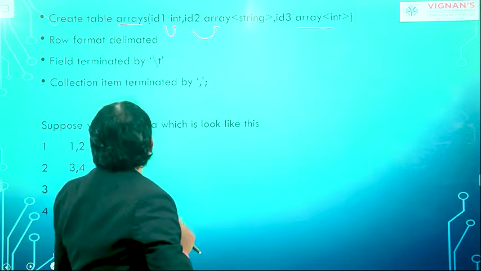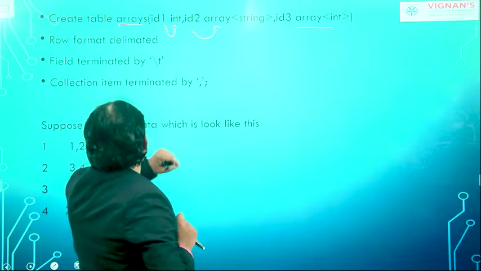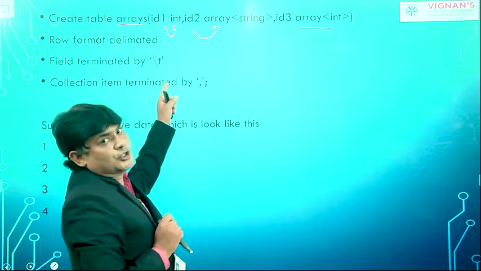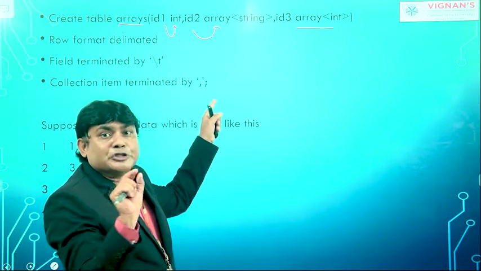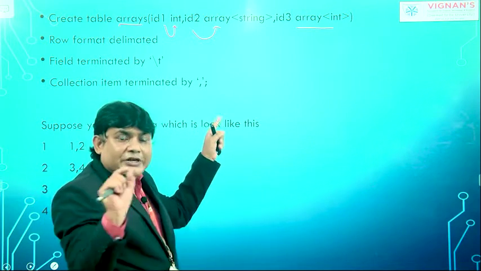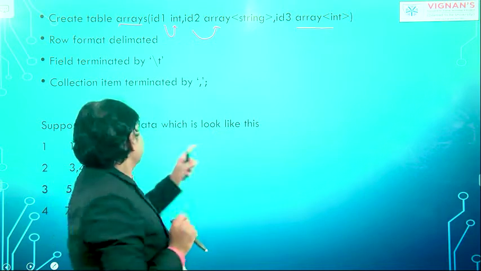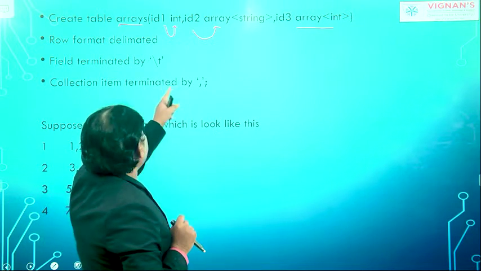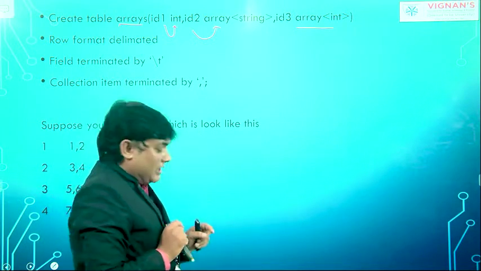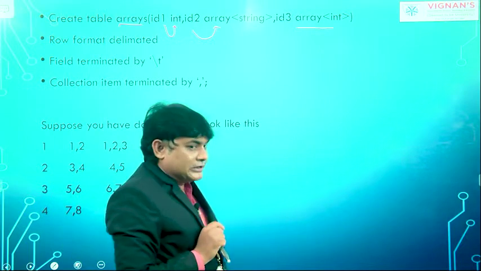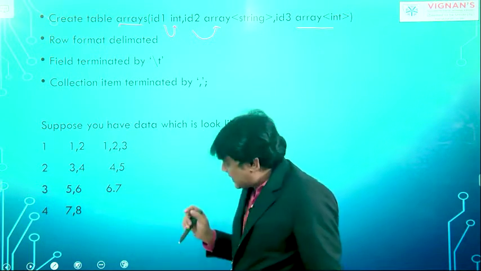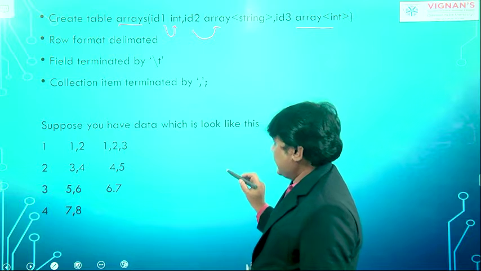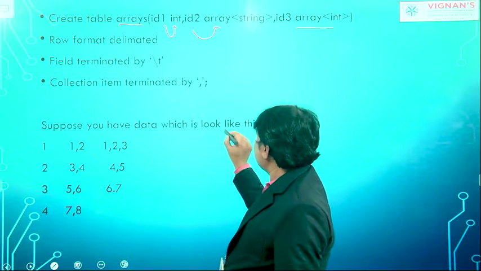Then I am writing row format delimited, fields terminated by tab. It means you are going to give a space between the fields. Then collection items terminated by comma. Now what does it mean? Suppose we have data which looks like this.